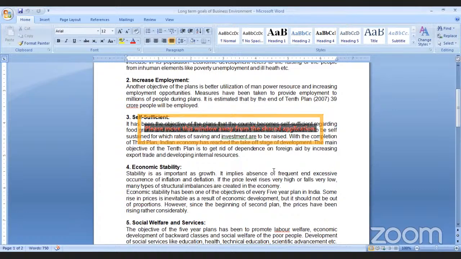Is it reflected with the economic growth? Is it reflected with the economic development? Or is it reflected with the fall down of inflation? Is it reflected with the increase of deflation? Or is it reflected with very good GDP variations? Economic stability, according to you?